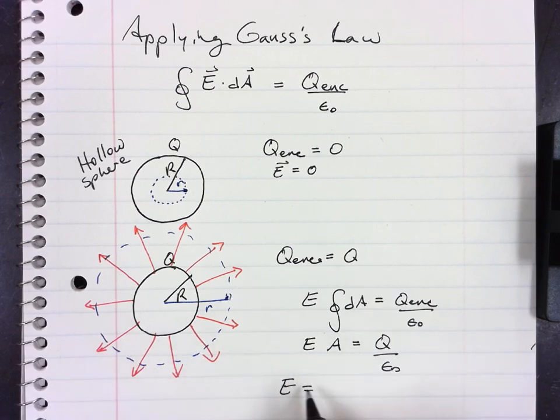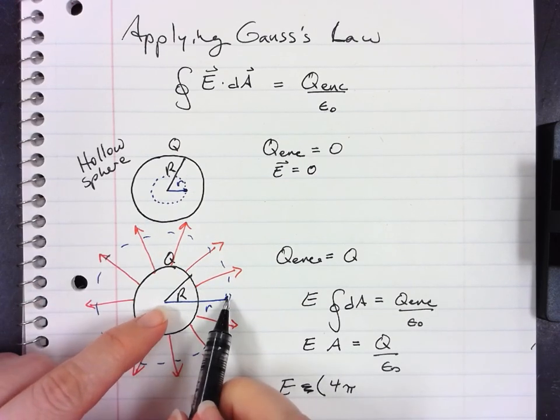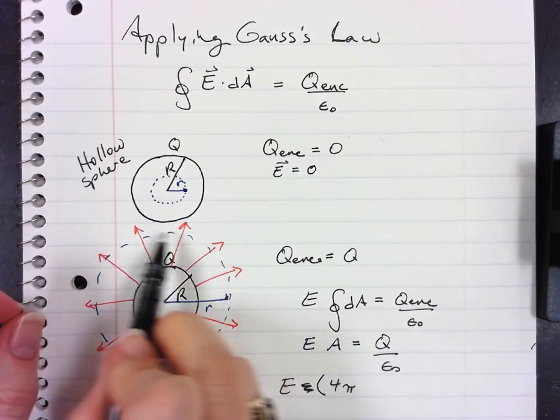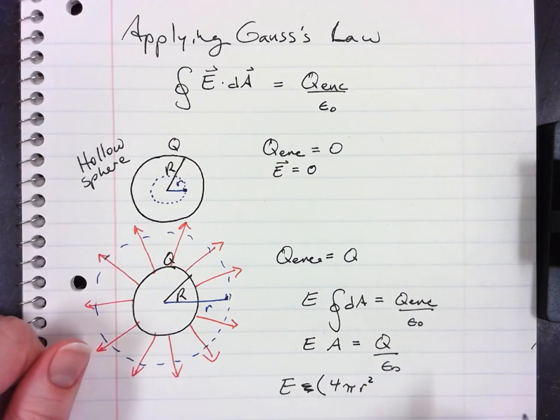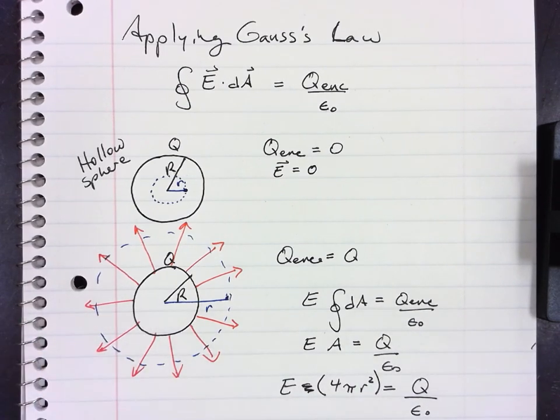So area of a sphere is 4 pi r squared, and we have two r's in this problem. So I'm calculating the electric field at this location, so that's the sphere I'm referring to, the blue Gaussian surface. So this is E times 4 pi little r squared equals Q over epsilon naught.